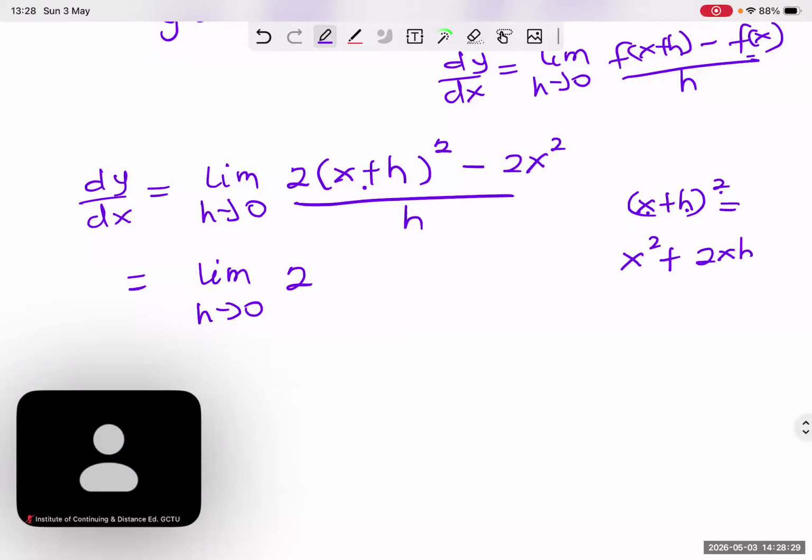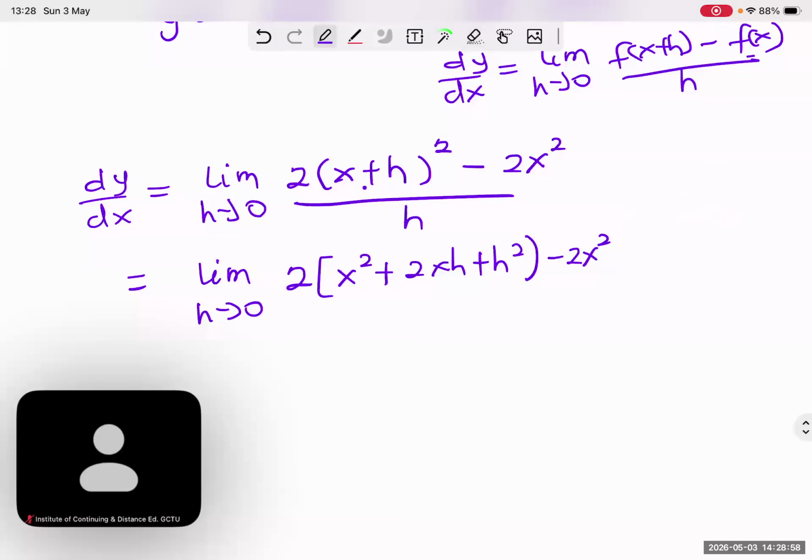Make sure that the powers sum up to the power on top of the expression. Power here is 1, power there is 1, 1 plus 1 is 2, so we are on track. Plus the last term squared, h squared. So if I put that in here, I have x squared plus 2xh plus h squared minus 2x squared, my original 2x squared that was there, all over h.